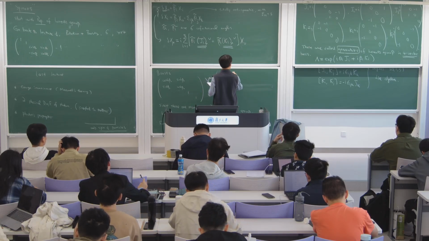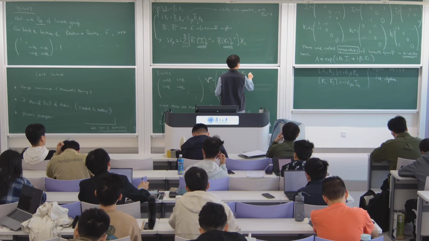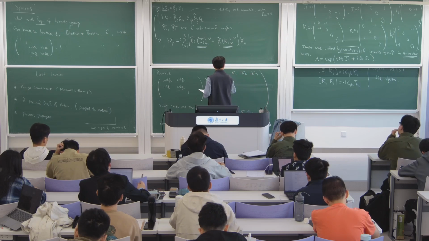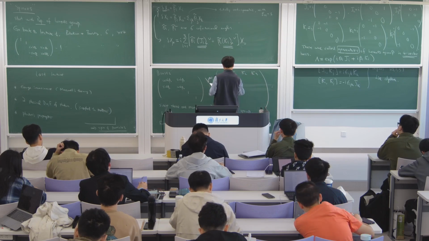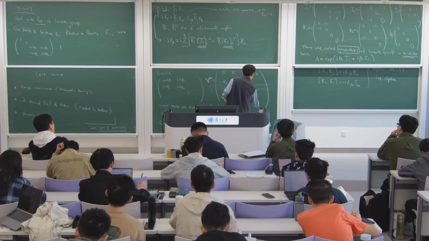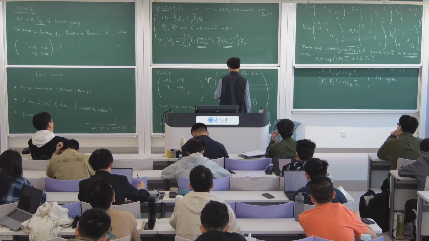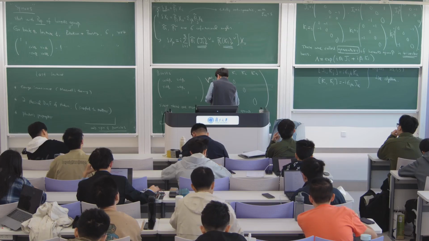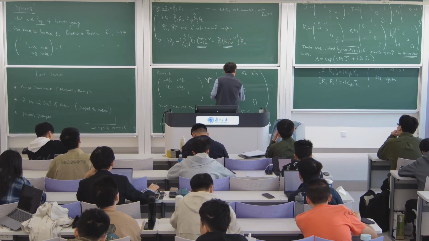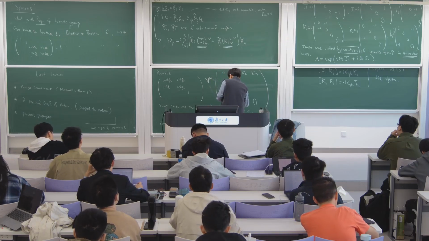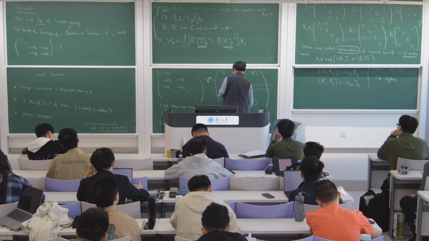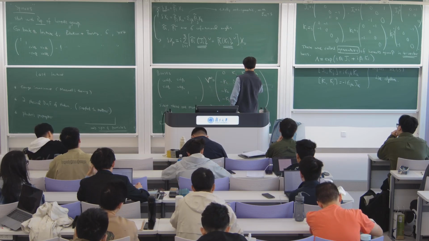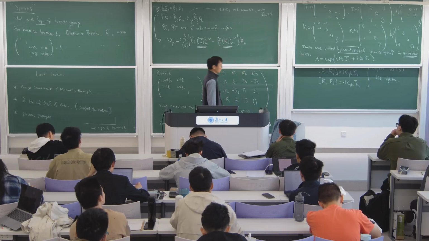This is 0, K1, K2, K3, and minus K1, 0, and so on, with the J entries filling the rest.